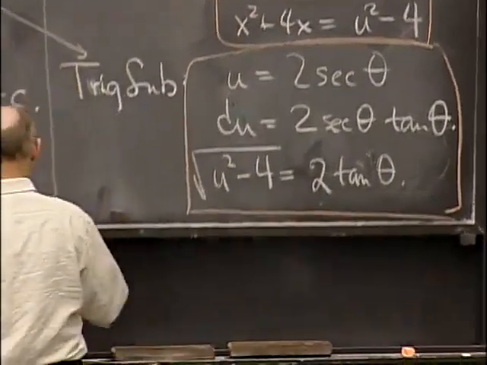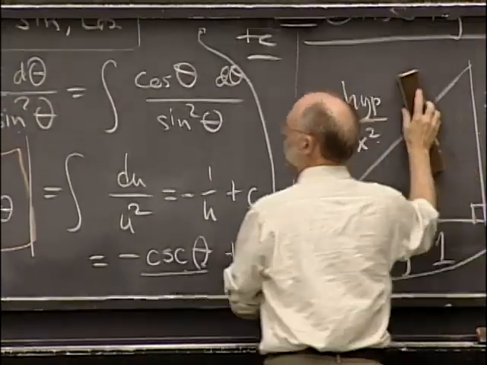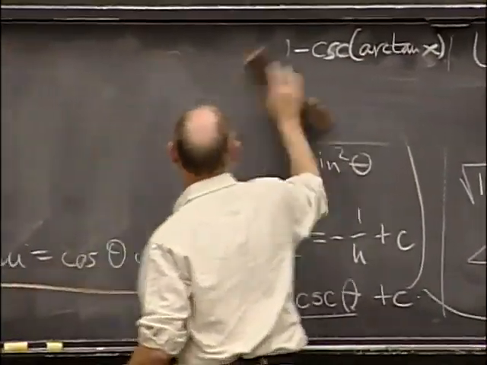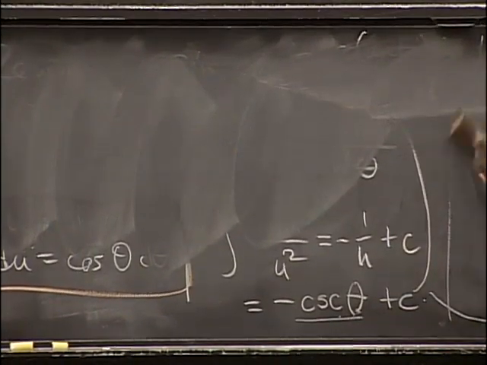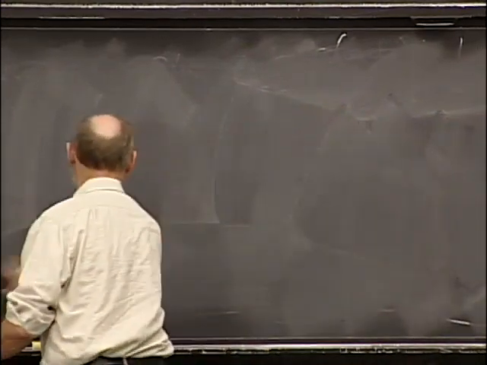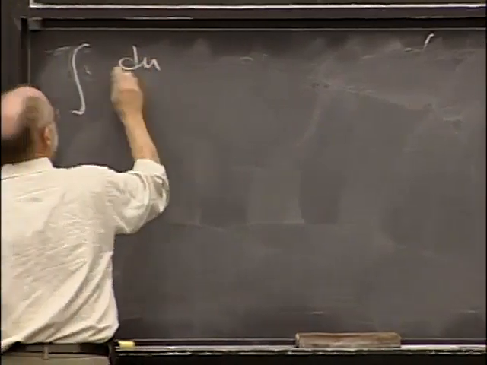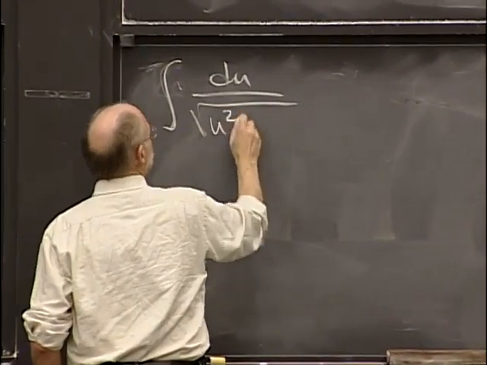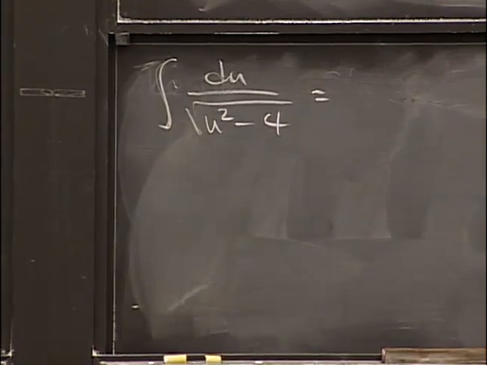And let's go on to another board. So where I'm at is the integral of du over the square root of u squared minus 4. And I have all the data I need here to rewrite that in terms of theta.